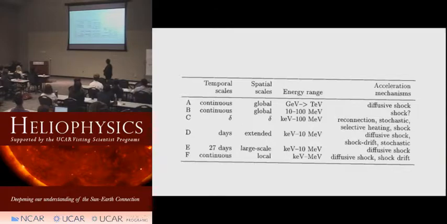So again, I throw this in just to give you a flavor that there is a laundry list of acceleration mechanisms, and we are going to touch on only 2 of them, okay? But you can see the particles that are from keV, which is a little bit higher than the thermal speed of the plasma, going up to GeV or even to TeV, that are accelerated by shock processes that involve, here, reconnection.